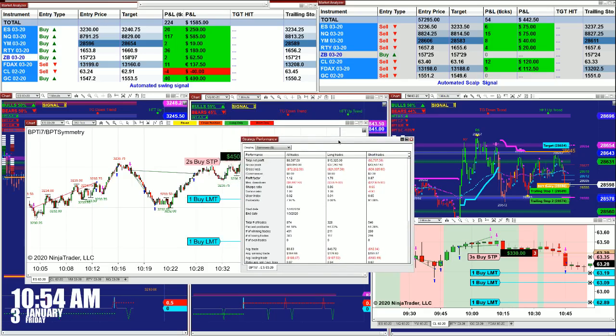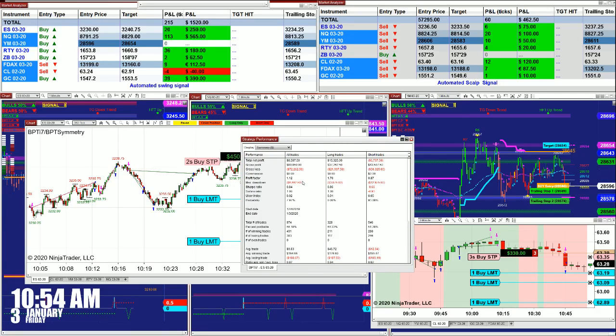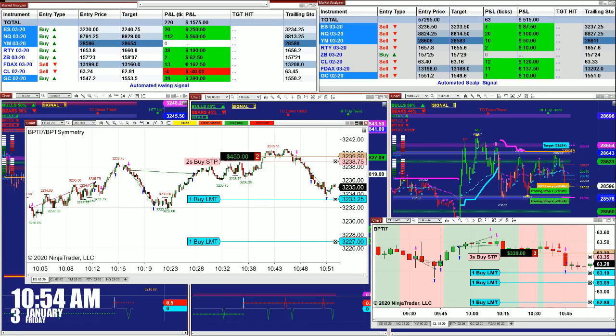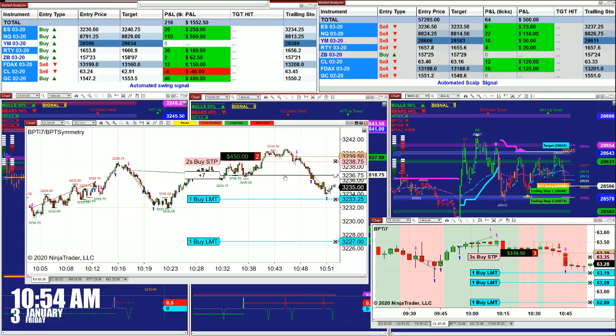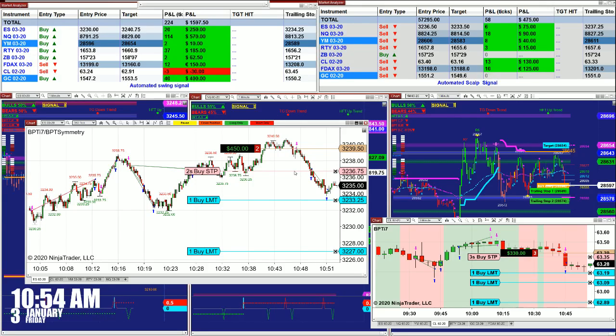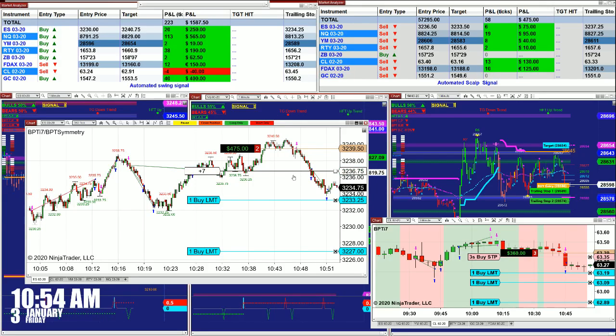But once we get it tuned with a break even, because now, as I'm watching it, we should have the trailing stop way down here actually.